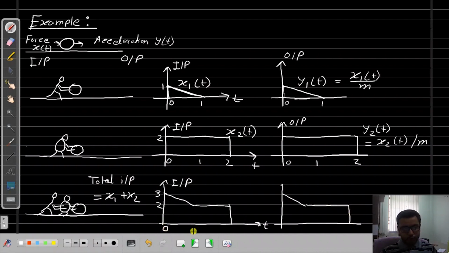Here it is t equal to 0, t equal to 1, t equal to 2. Here again t equal to 0, 1 and 2.